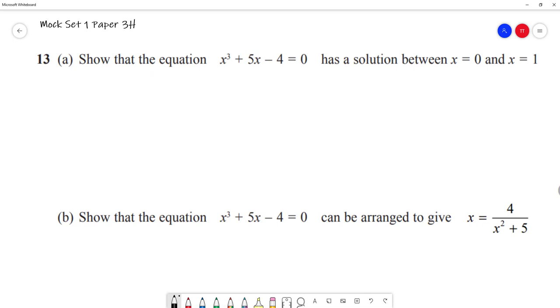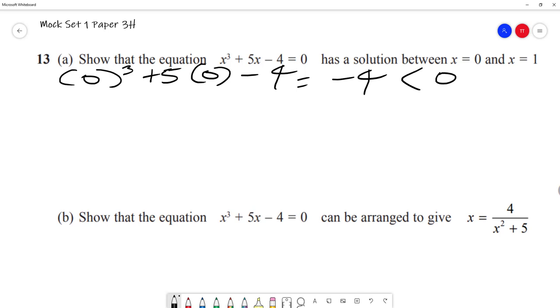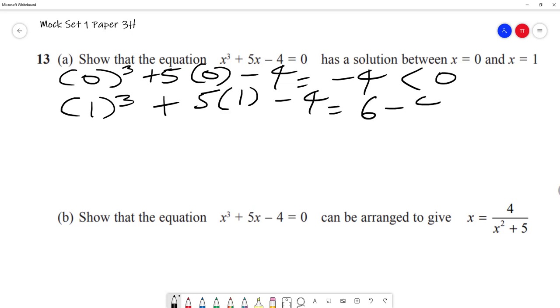Okay, welcome back. So like last time, we substitute, in this case, 0 in. So we get 0 cubed plus 5 times 0 minus 4, and that gives me minus 4, which is less than 0. Now we plug in 1, so we get 1 cubed plus 5 times 1 minus 4, which gives me 6 minus 4, which is 2, and that's greater than 0.